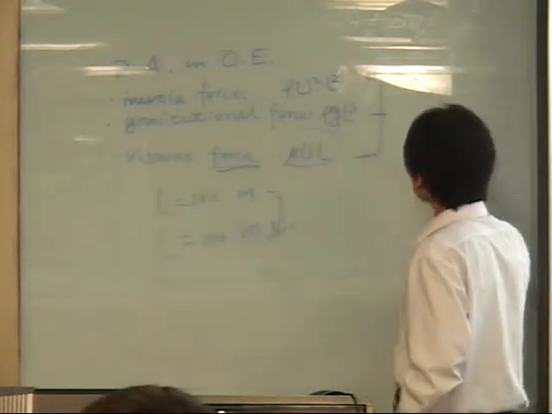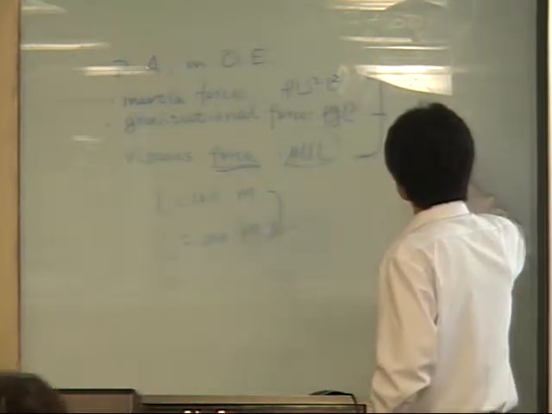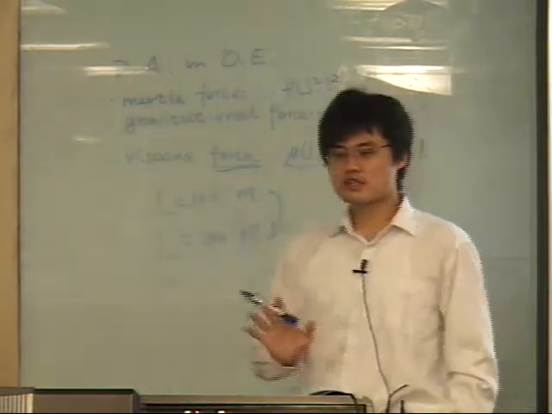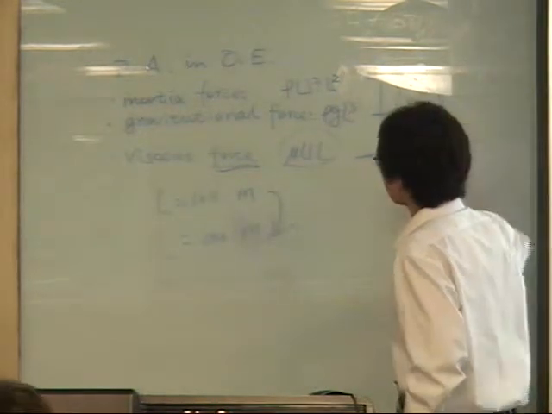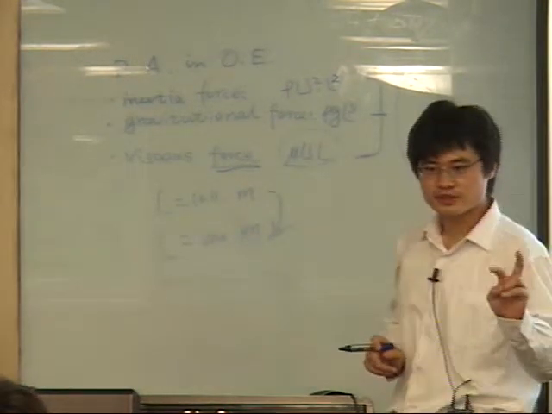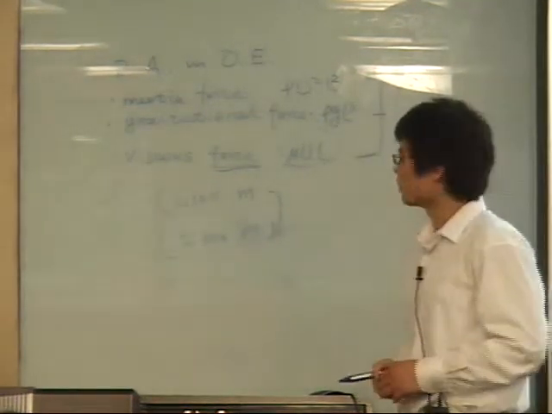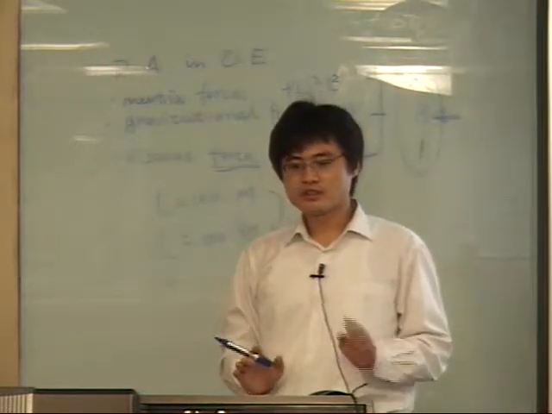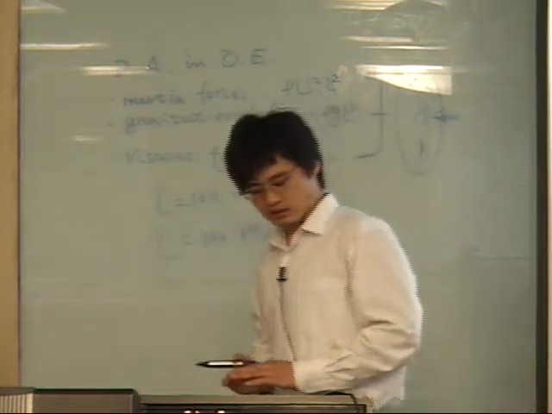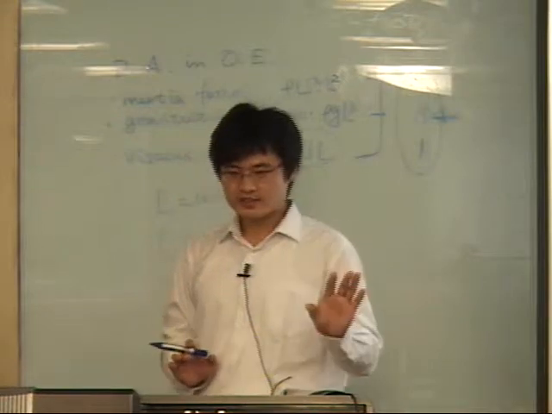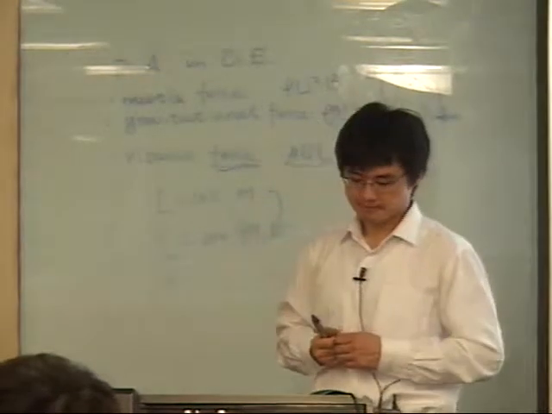The gravitational force 8 times, and the viscous force 1 times. This change in the magnitude of these three forces will change the balance between them, because this one increased more than the others. So the fundamental theory or analysis we use to solve this problem might change from one to another.